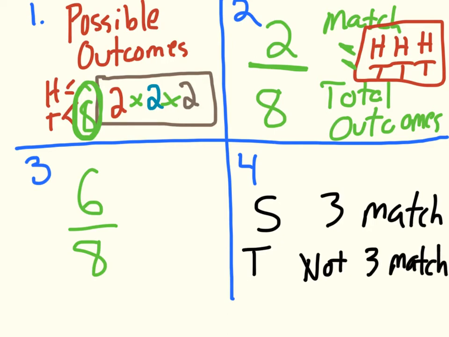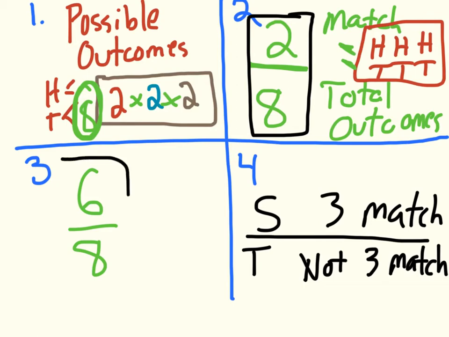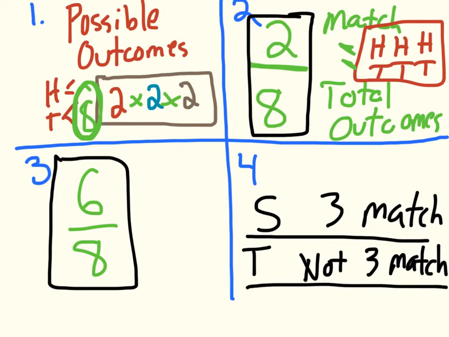Well, if you look at problem 2, 2 out of 8 times all 3 coins will match each other. In problem 3, we looked at all the different ways that 3 coins will not match. Are 2 out of 8 and 6 out of 8 fair? Of course not. No, not fair. Poor Santo.